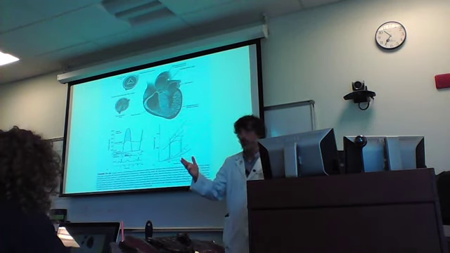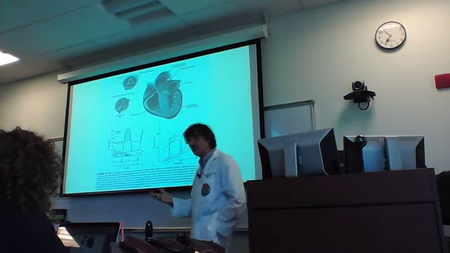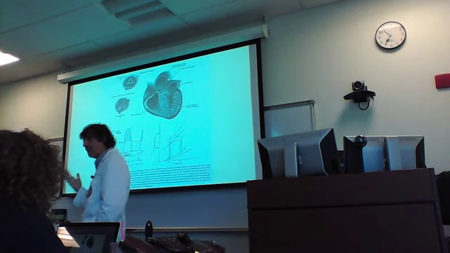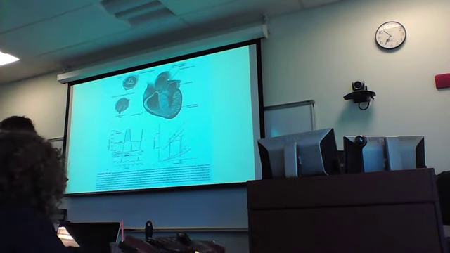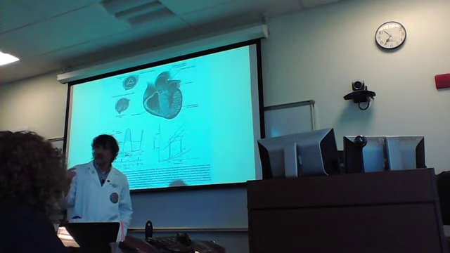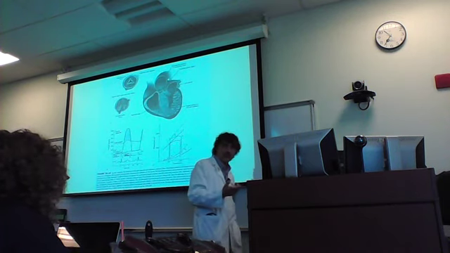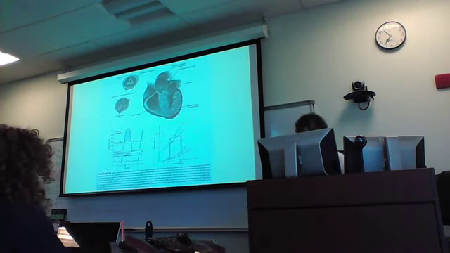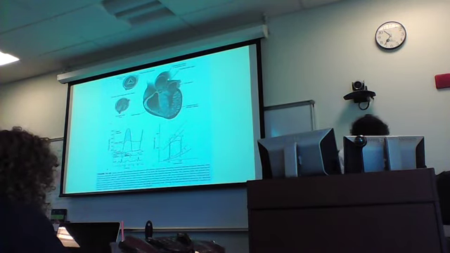That can produce a flow murmur because you're increasing the volume of blood that you're passing through a normal valve in a unit time. And so you have to understand that not every time you hear a murmur is it going to be true aortic stenosis. It could be aortic stenosis, or it could be a flow murmur.